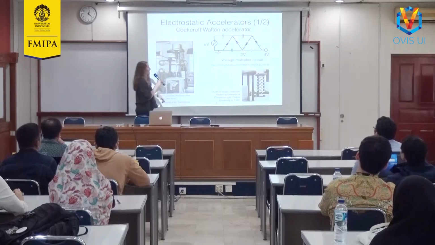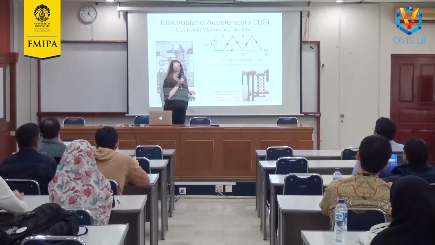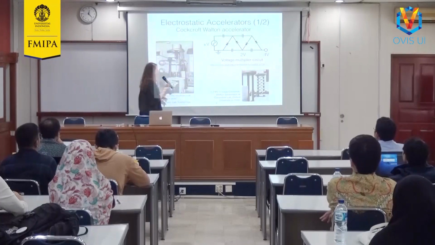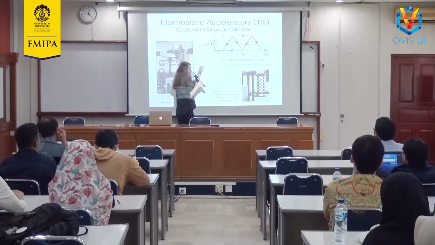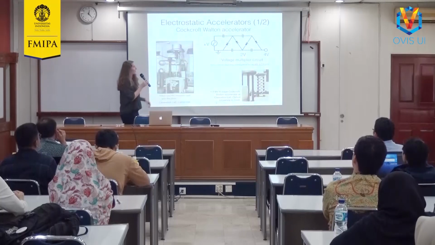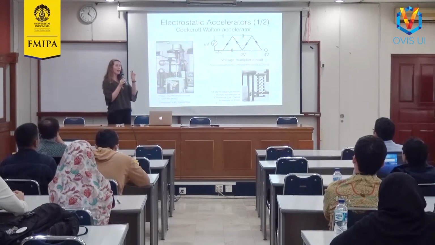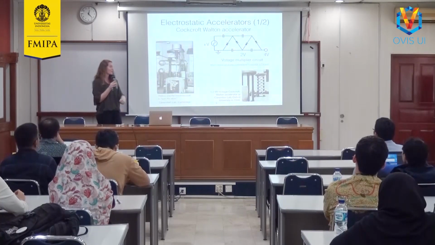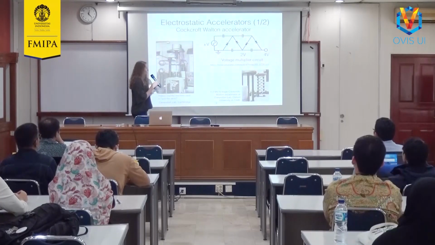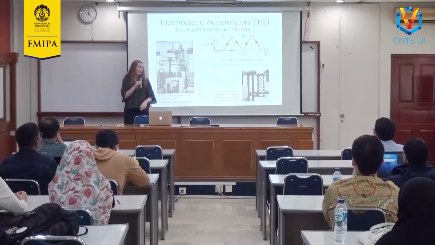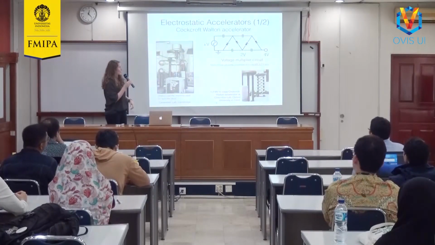And it turns out if you build a circuit that looks like this, which is a voltage multiplier circuit, and you stack those circuits on top of each other, or multiplied many, many times, you can take a fairly low AC voltage and convert it to a very high DC voltage. And as a result, they were able to get up to things like 1.2 megavolts of acceleration using some of these devices.